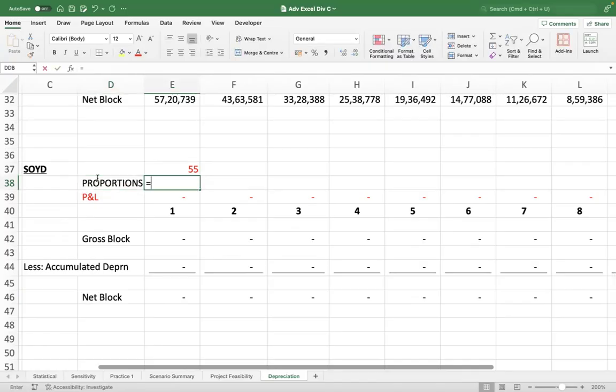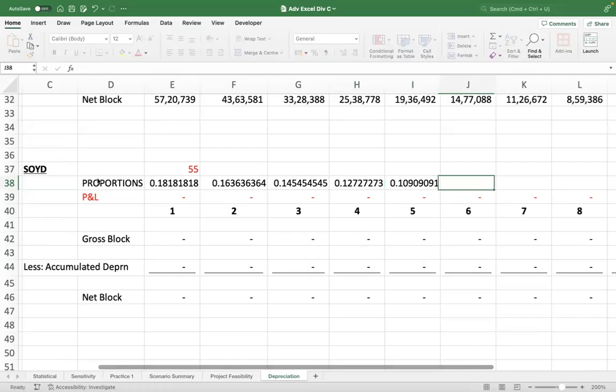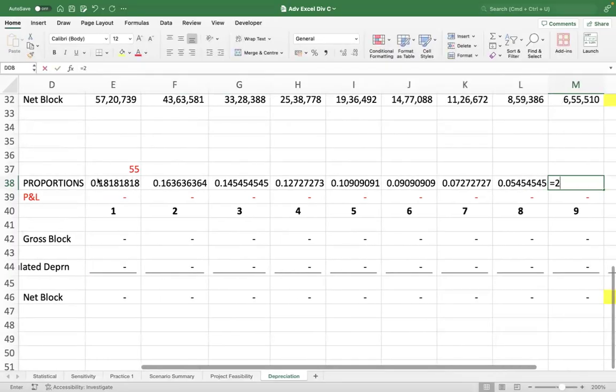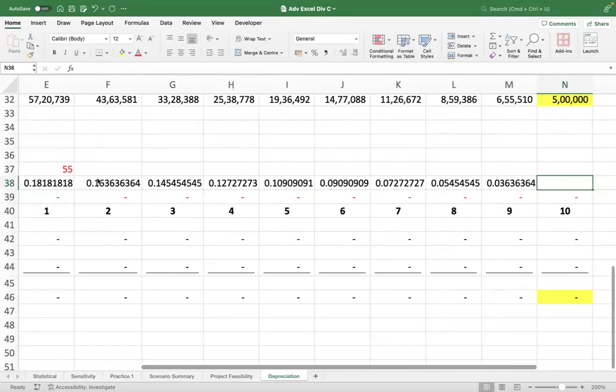So proportion is 10 by 55, then 9 by 55, 8 by 55, 7 by 55, 6 by 55, 5 by 55, 4 by 55, 3 by 55, 2 by 55, and 1 by 55.